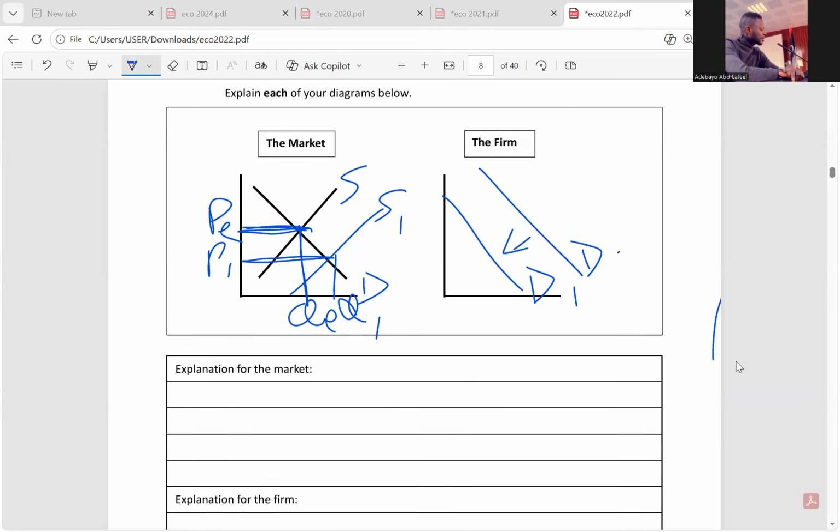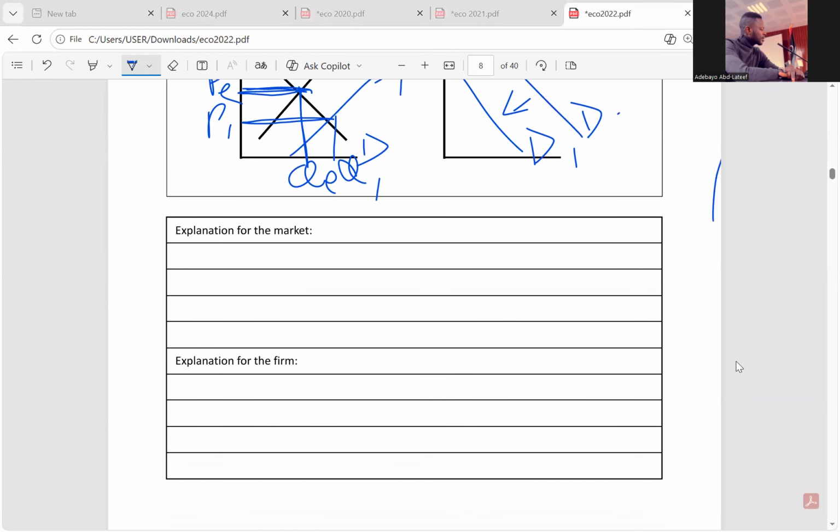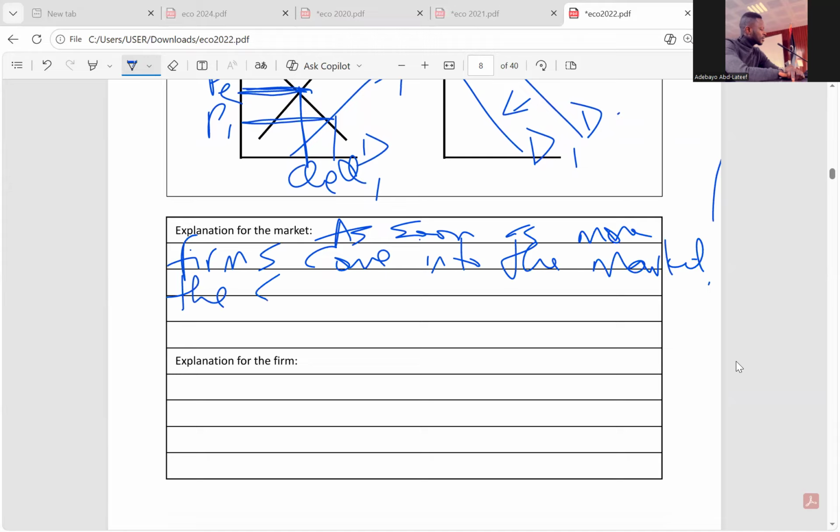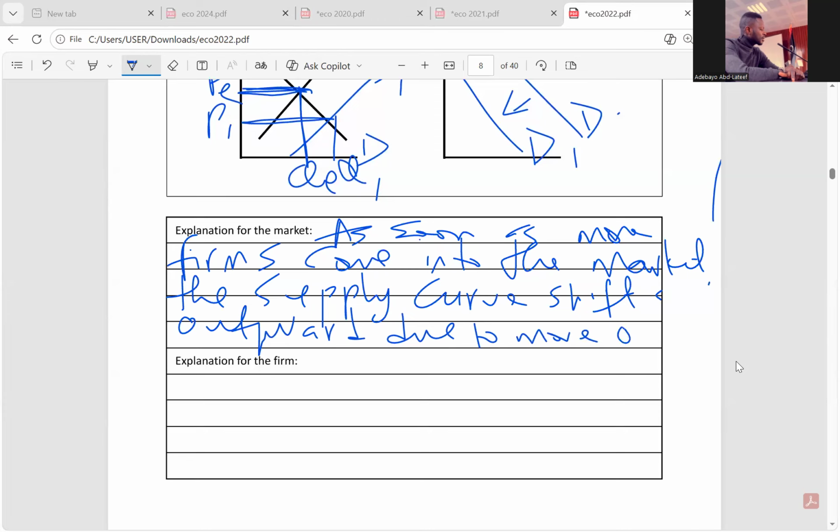It said explanation for the market. As soon as more firms come into the market, the supply curve will shift right, or the supply curve shifts outward due to more output.